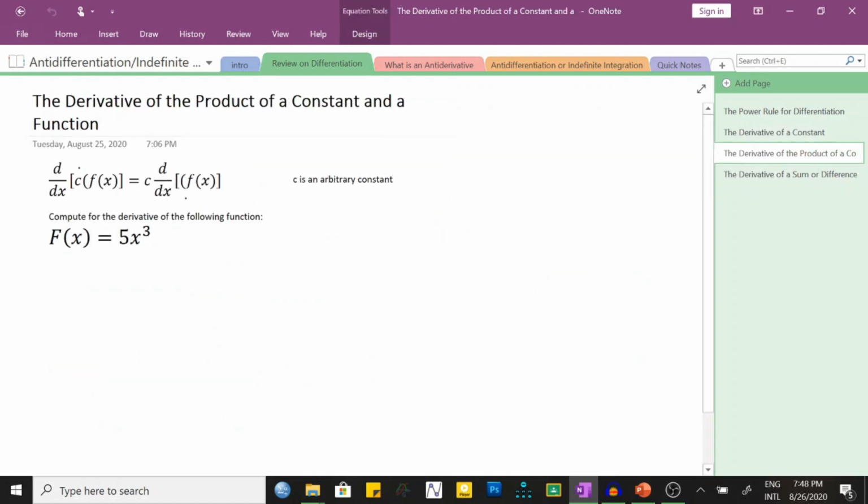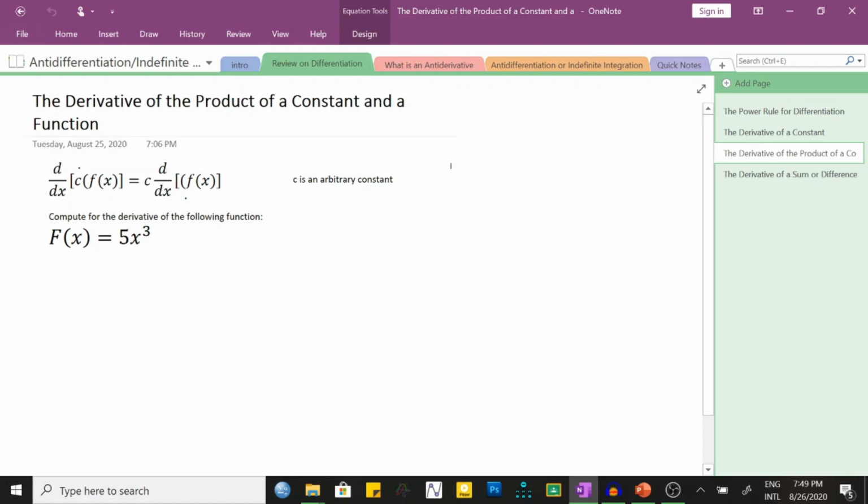This rule is applicable if we are taking the derivative of a constant multiplied to a function. For example, you have here a function f of x equal to 5x cubed. 5 is a factor, x cubed is another factor.